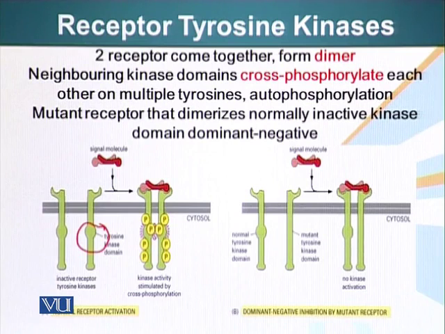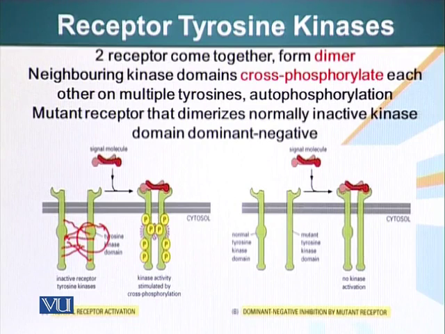When these two domains come close together, they cross-phosphorylate each other, which means this kinase domain is going to phosphorylate different amino acid residues on this receptor, and this kinase domain is going to phosphorylate special amino acids on the other receptor.